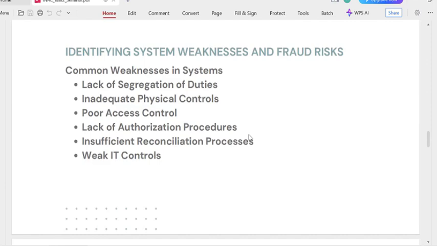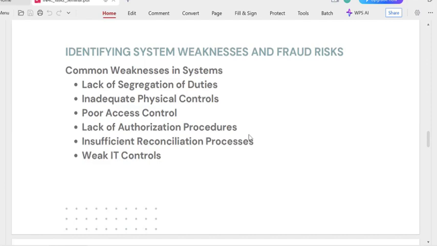All right, so we studied the impact on financial statements, and now we are talking about the identification of system weaknesses. We talked about poor access control. Now we can talk about the lack of authorization procedures.